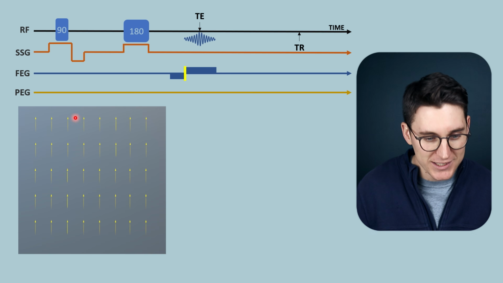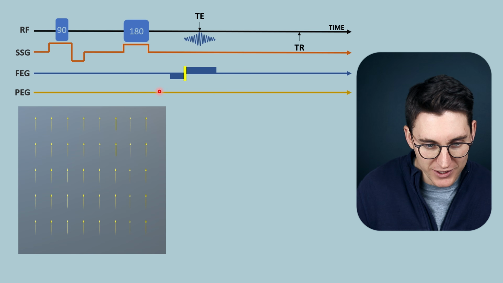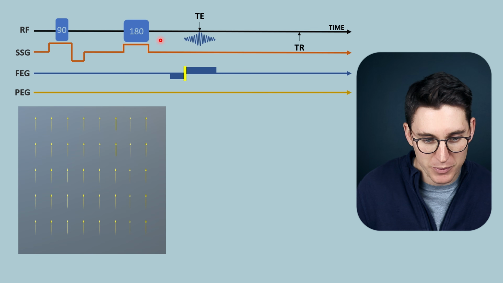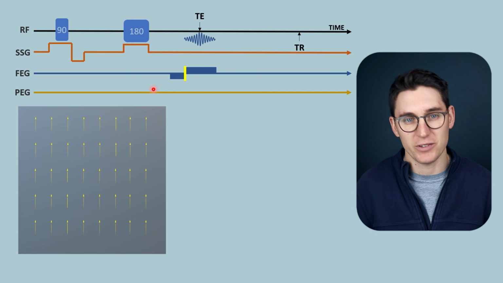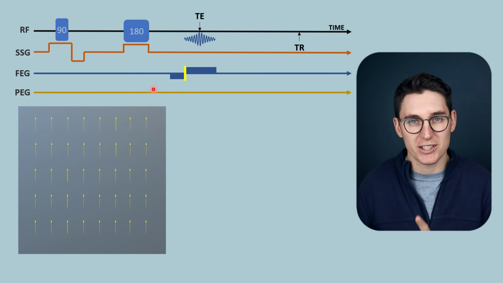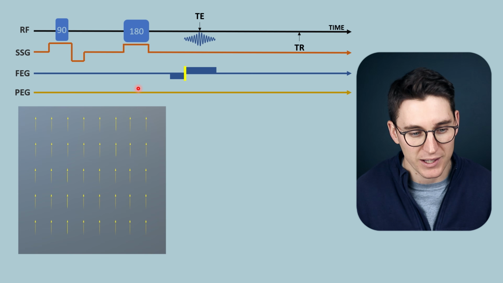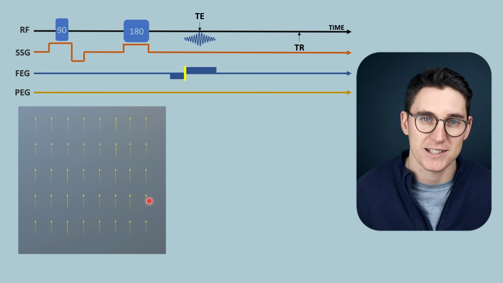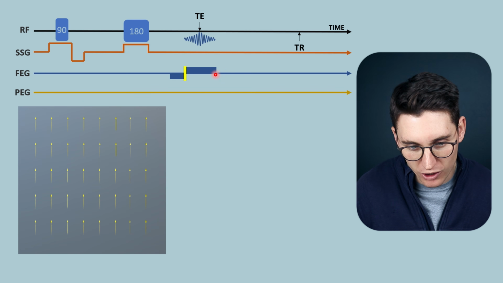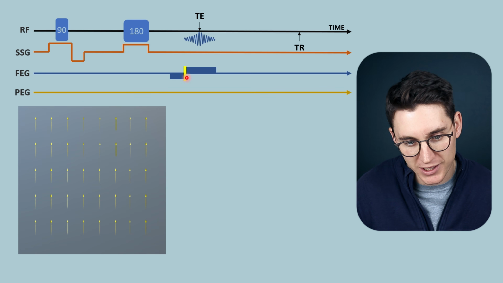So let's look at the slice that we've selected. Assume now that this slice is here in this period of time. It's experiencing the B0 magnetic field, and all of the net magnetization vectors are precessing in phase with one another because we haven't applied a phase encoding gradient along the y-axis. Now what we're going to do along this period of time here, for this moment let's ignore this frequency encoding gradient here.